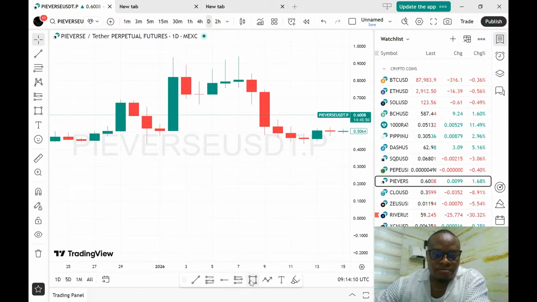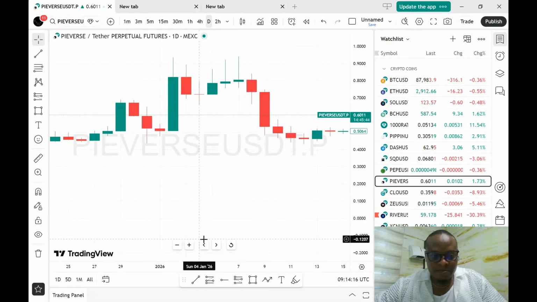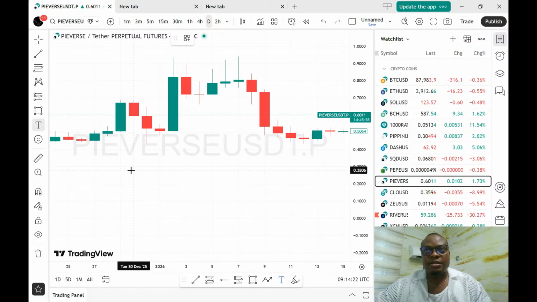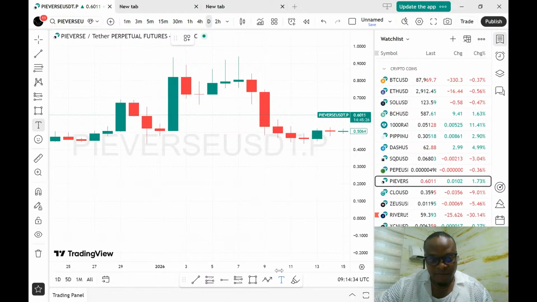The candlesticks are represented with different colors, green and red. Some are represented with white and black, so it depends on the platform.